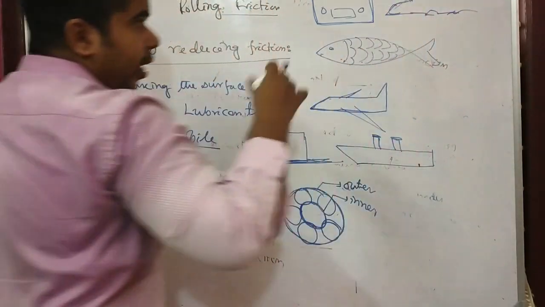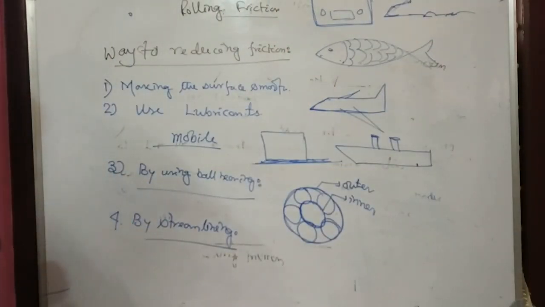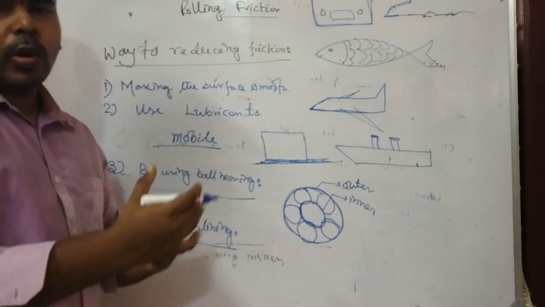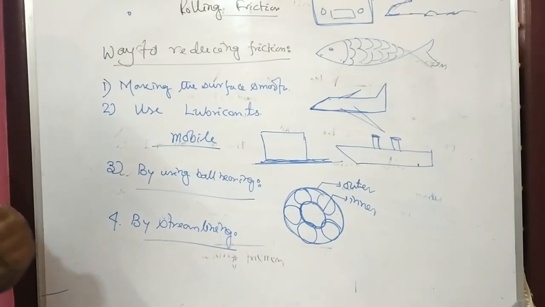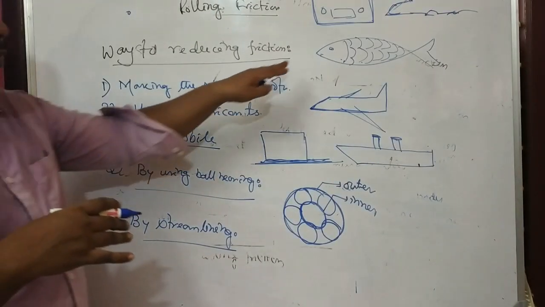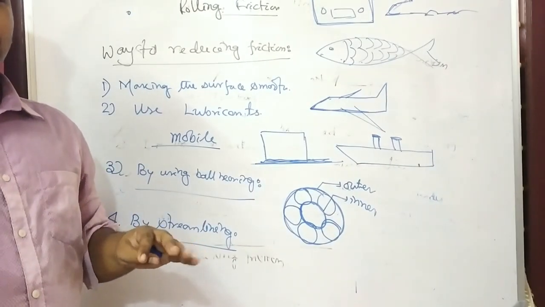Here the face is pointed so that the resistive force given by the air or the liquid can be lesser. That face we have made is known as streamlining.